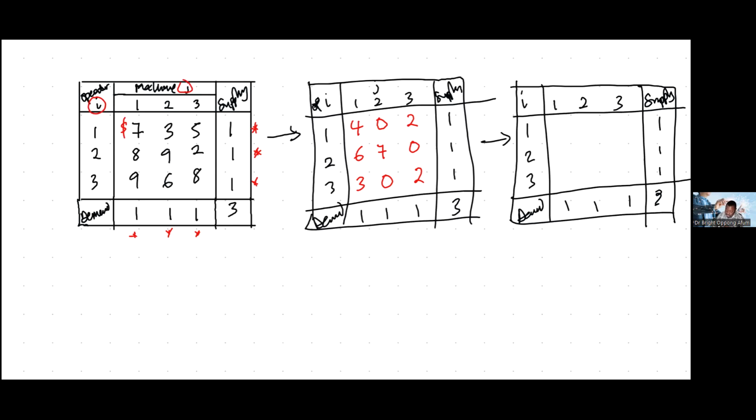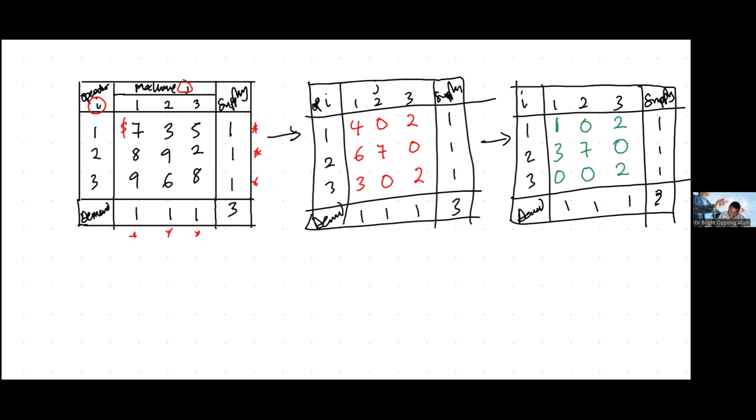The minimum is 3, so we subtract 3 from all the values in the column, and we have 1, 3, 0. In the next column we have 0, 7, 0. The minimum is 0, so we have 0, 7, 0. Then 2, 0, 2: 0 is the minimum, so 2, 0, 2.